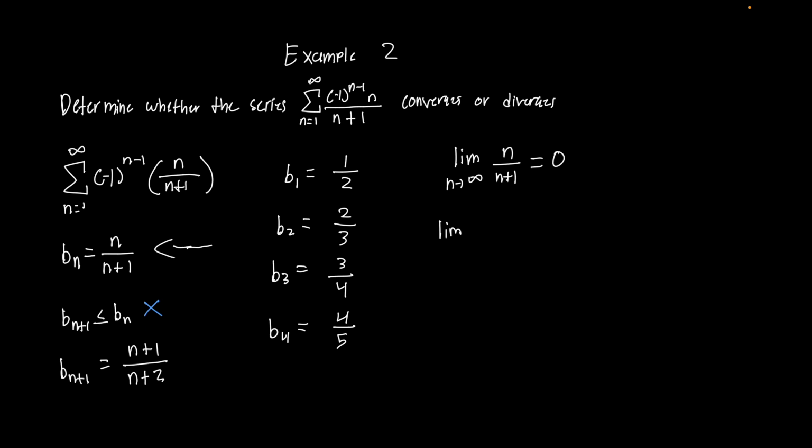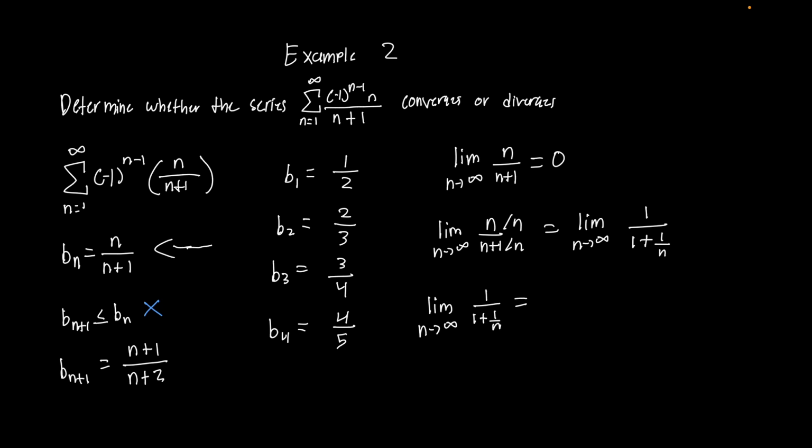We have an n on top and bottom, so we can divide each term by n, which gets us the limit as n approaches infinity. n divided by n is just 1. n divided by n is also just 1. And then 1 divided by n is just 1 over n. So we have the limit as n approaches infinity of 1 over 1 plus 1 over n.